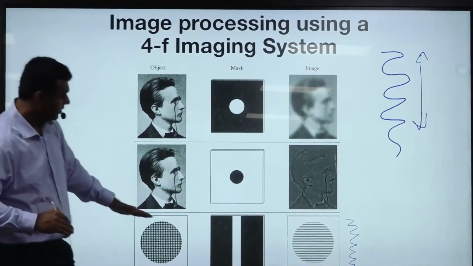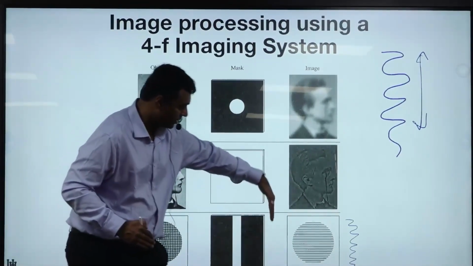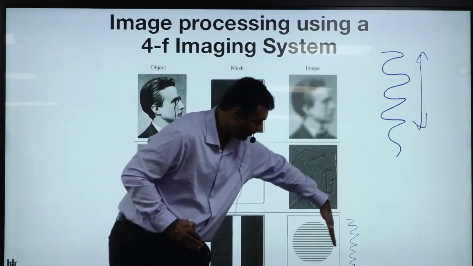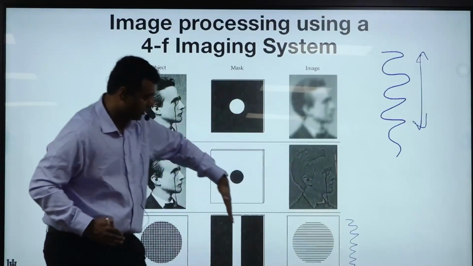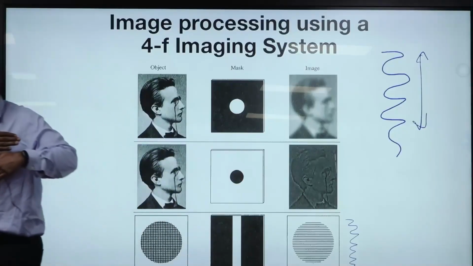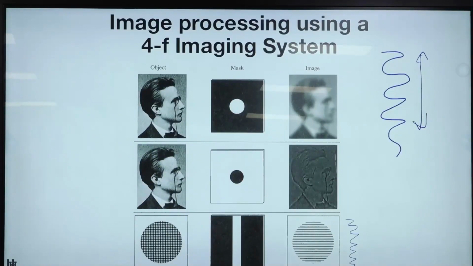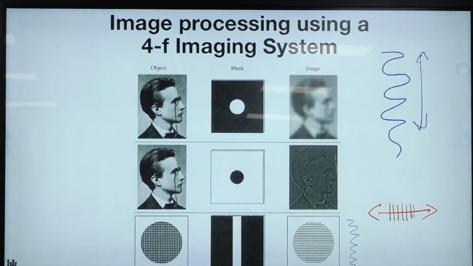It's removing the lines which were along this direction, the vertical lines. This corresponds to the spatial frequencies along the horizontal. The lines are up and down, but the frequency corresponds to the horizontal.